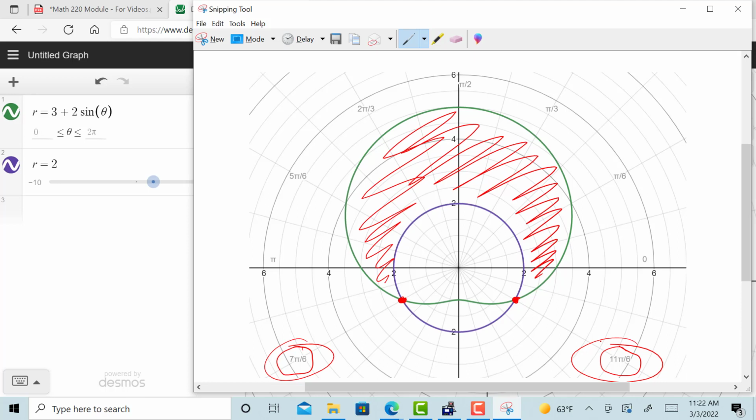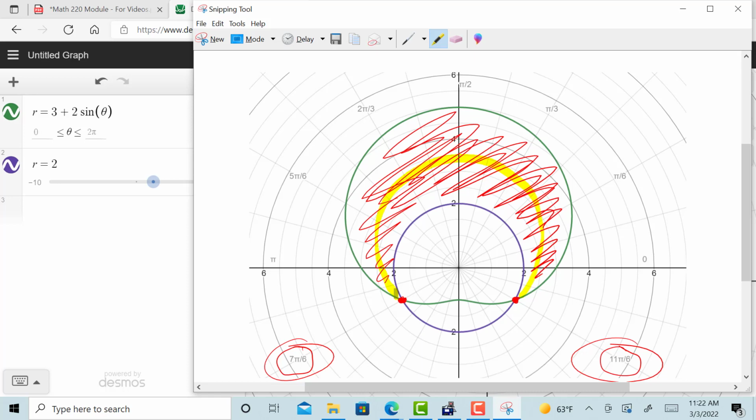Now the one thing to remember is, remember we talked about in the last video, as we accumulate all this red area that I shaded in here, it always starts moving counterclockwise. So it's going to start here at 11 pi over 6, and it's going to accumulate counterclockwise all the way until you get to 7 pi over 6.